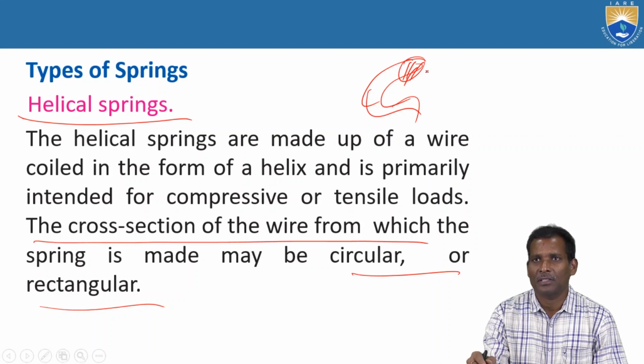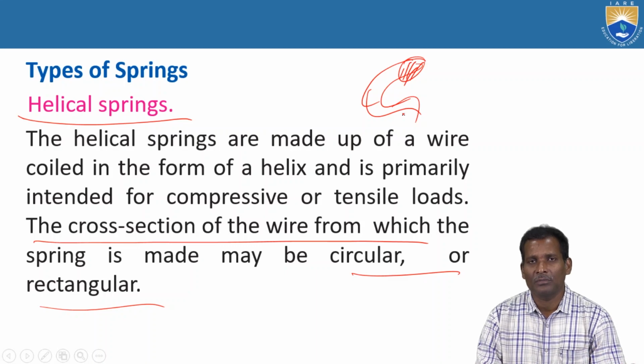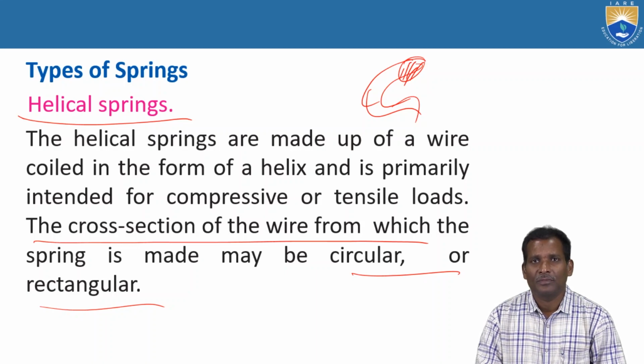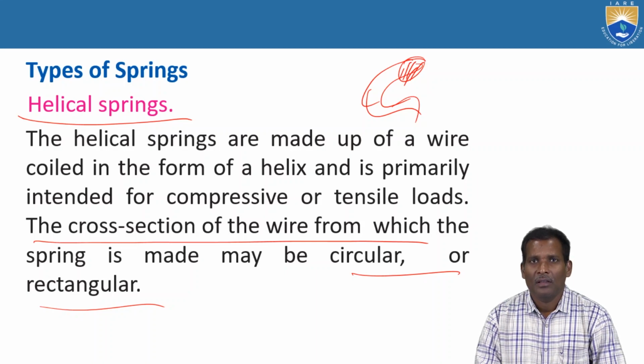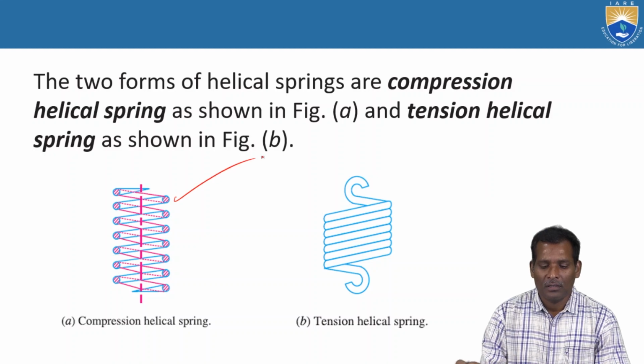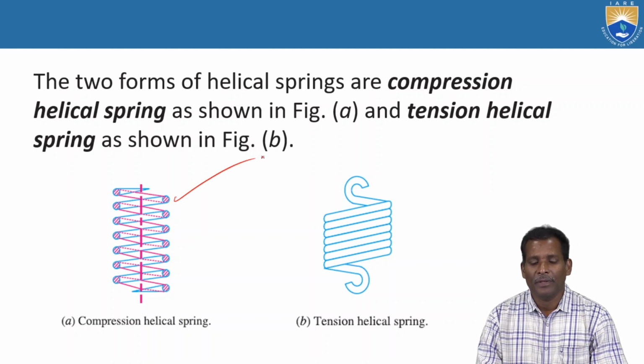You can see in the figure of helical springs. Sometimes a rectangular section may be used also, depending upon the application. See in this figure the circular cross section helical spring.